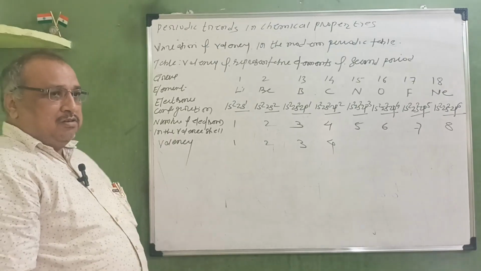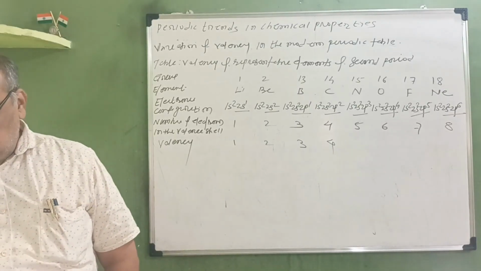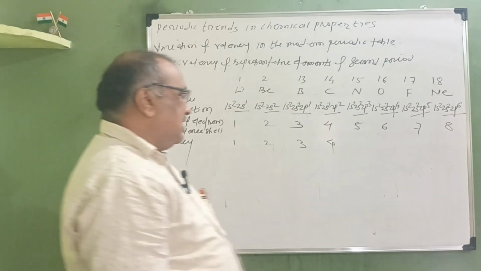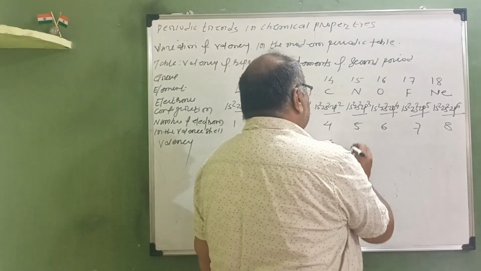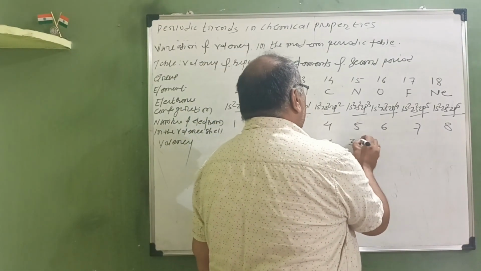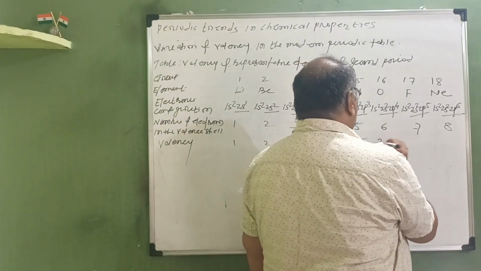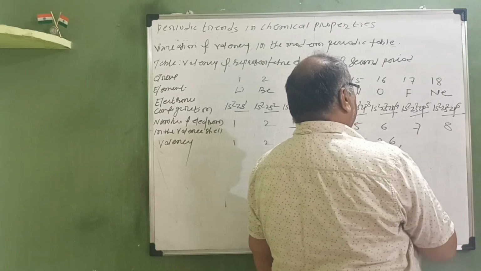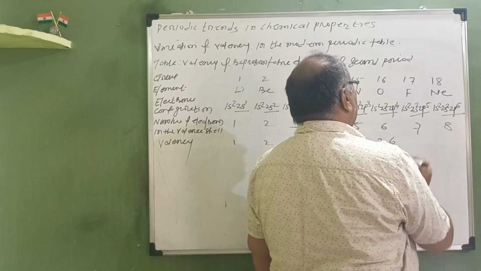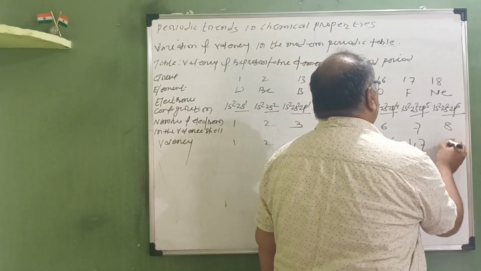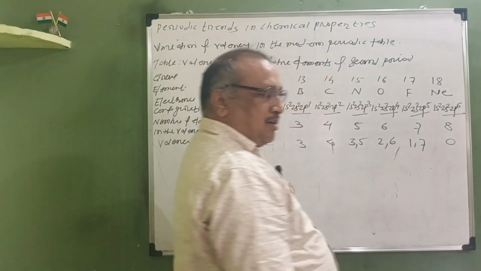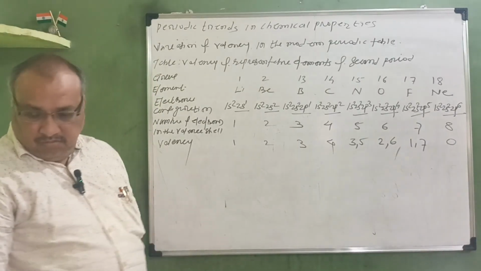Now here 8 minus 5 means 3, and here write down 5. 8 minus 6 means 2, comma 6, and 8 minus 7 means 1, comma 7, and here 8 minus 8, 0.